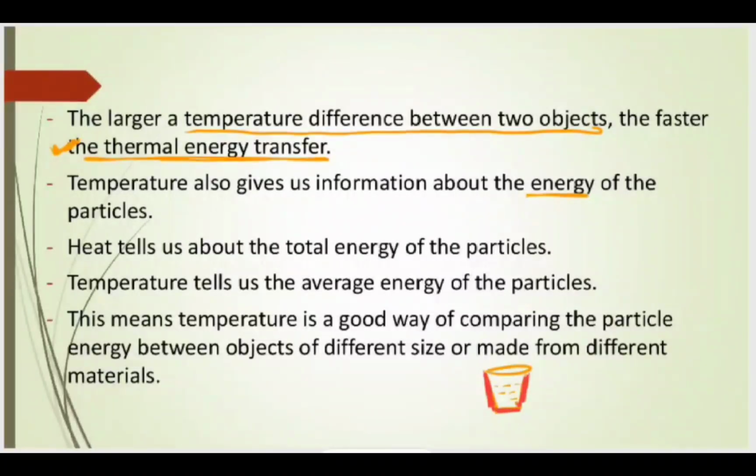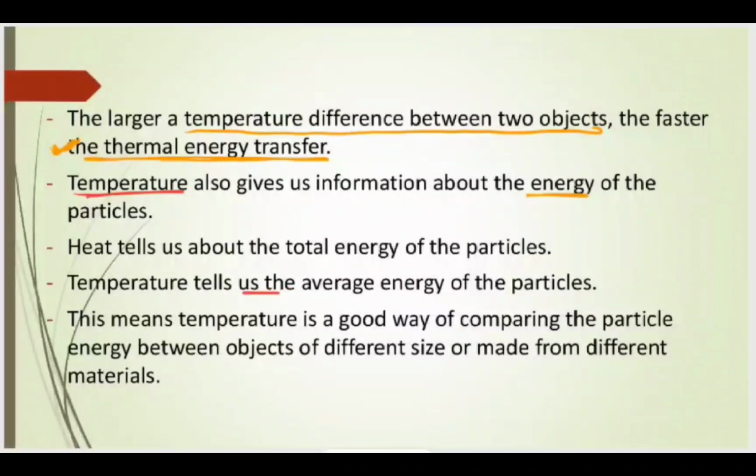From the surface as well, the heat will be released. So the temperature tells us the direction, and it gives us information about the energy levels of a particle. That's the reason why these water molecules are changing to gas molecules.